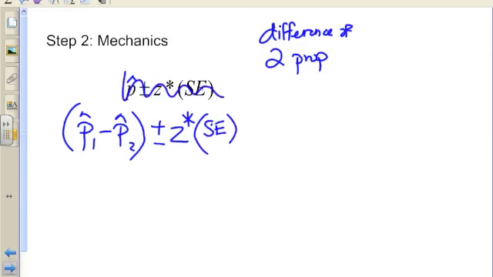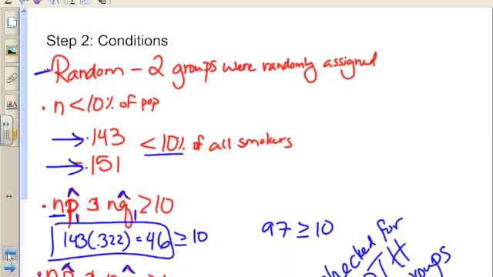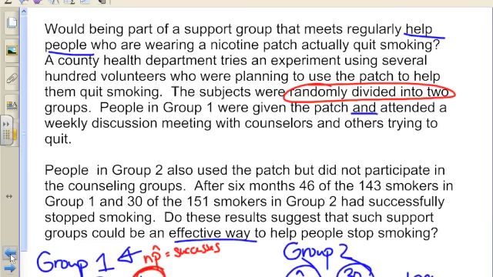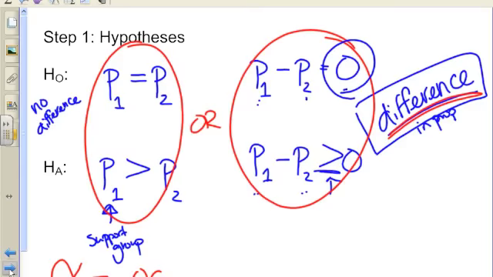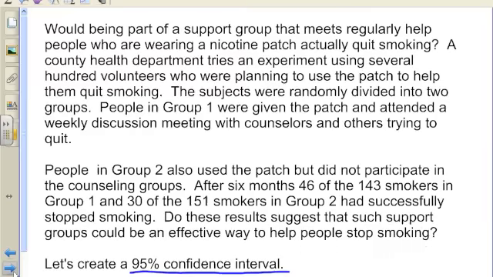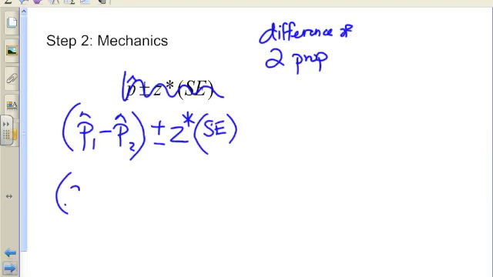All right, so let's go ahead and fill in at least some of these things. We know p hat 1, we calculated that back when we did the story problem the first time. Here's our p hat 1, 0.322. Here's our p hat 2, 0.199. So I'll put those in: 0.322, subtracting 0.199.